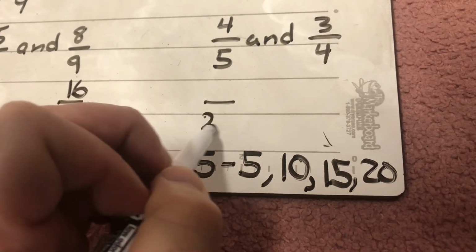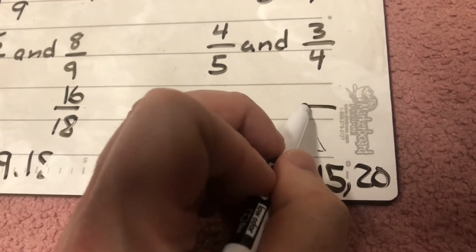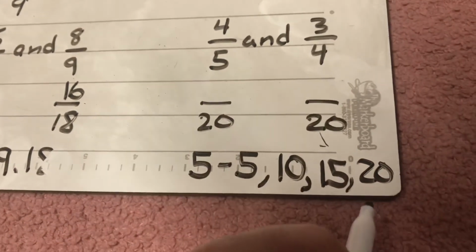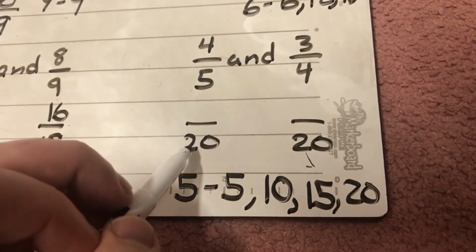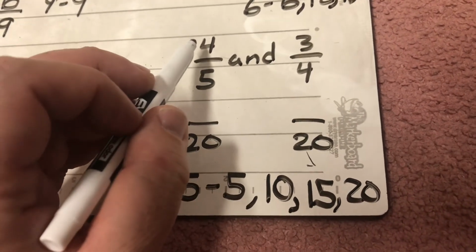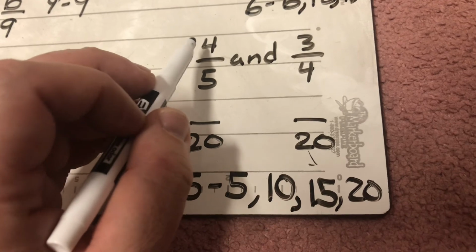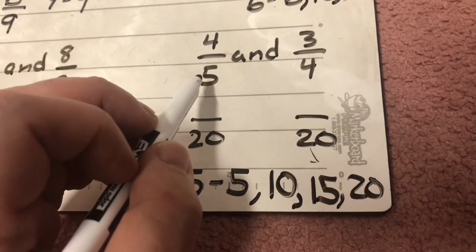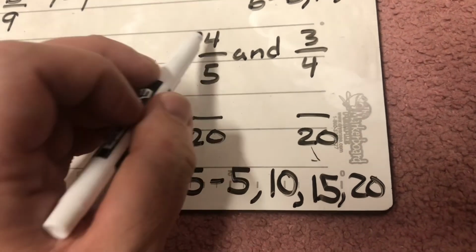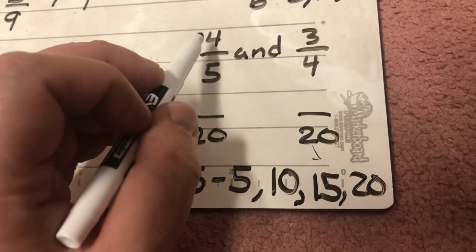So this is going to become something over 20. This is going to become something over 20. What did I do to 5 to get 20? Well, I did 5 times 4. Has nothing to do with this number here. Don't think that you're multiplying it by the numerator. That just happens to be 4. It's what did I do to 5 to get 20? It doesn't matter what this top number is, this numerator.